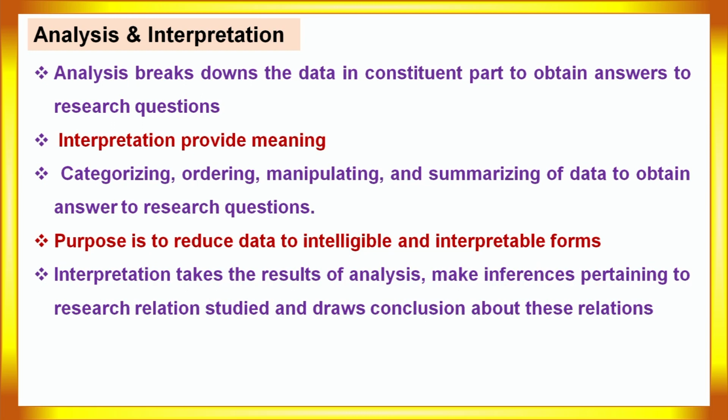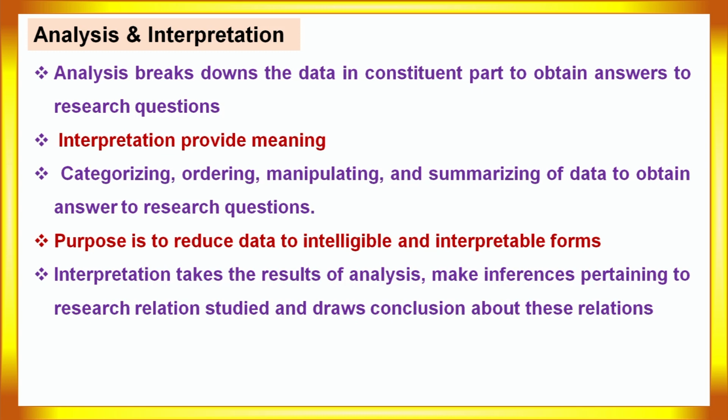But the analysis itself cannot give you the answer to the research question. The answer is generally received through the process of interpretation. Interpretation means assigning meaning based on the result of the analysis. The main purpose of analysis is to reduce the data into much more intelligible and interpretable forms.